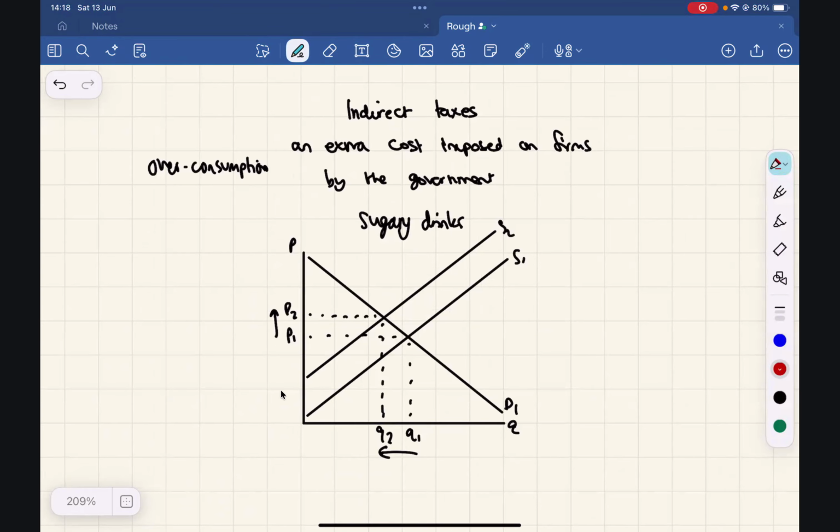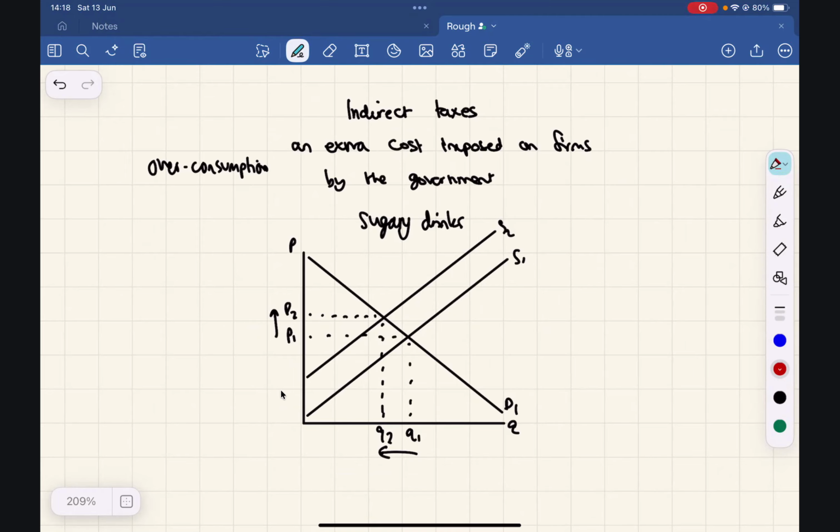So next time you go to the shop, try and notice the price difference, and you'll see there's a big difference, and that's just because of the tax on sugar. So the ones with sugar cost more than the ones with sweeteners. So this is an example of one that's probably been a good success because people are now consuming less of the sugary drinks and more of the sugar-free ones.